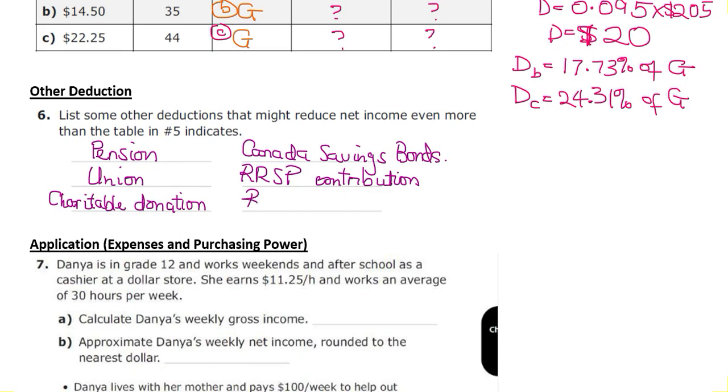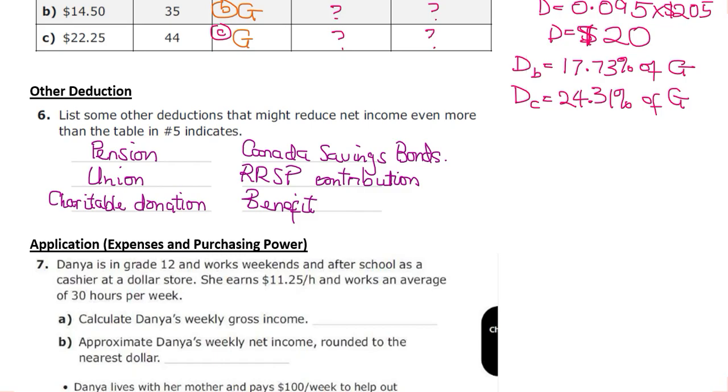Other benefits could also be included in your deductions, thereby decreasing your net income. And that is all the types of deductions available outside of the big four that we talked about.